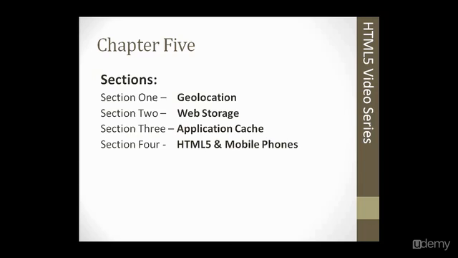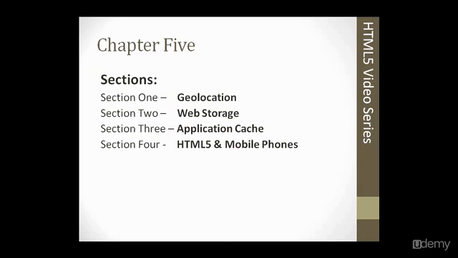And section 2 is web storage, which is basically going to replace JavaScript cookies. It'll allow us to put values on users' local machines in their browser, and then retrieve them at a later time when we need them.